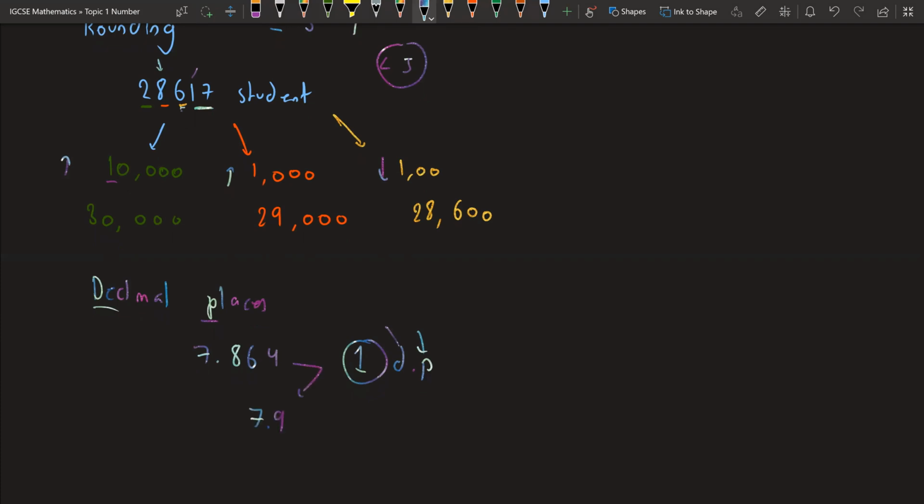We look at the first decimal place, the second, the third, and so on. You'll get 7.9.